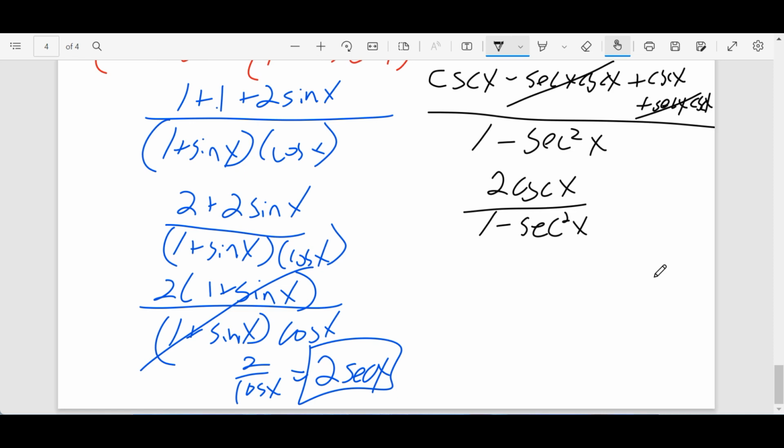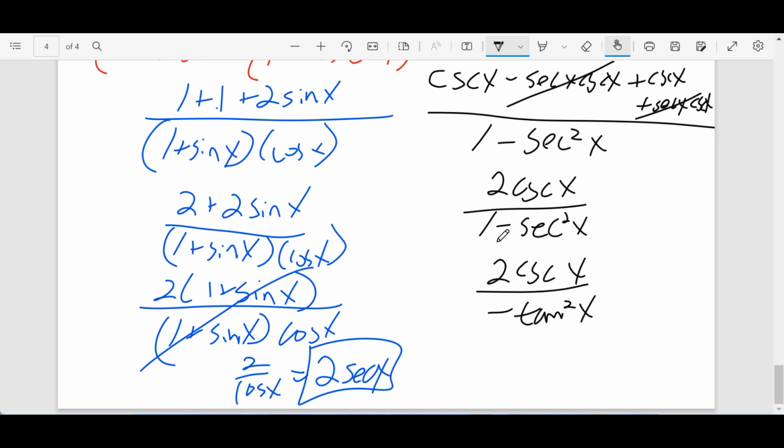1 minus secant squared x is equal to negative tan squared x. Be careful of that negative. As we went over, the Pythagorean identity is 1 plus tan squared x equal to secant squared x, and that sign flips.